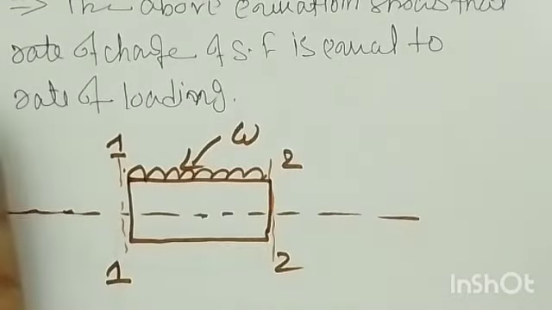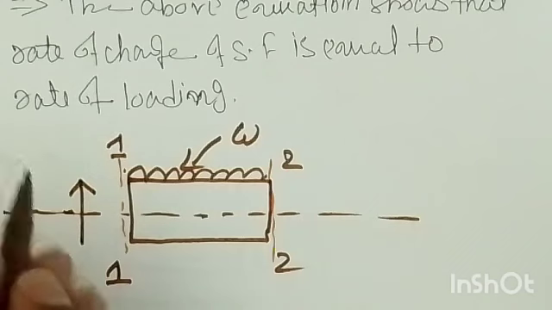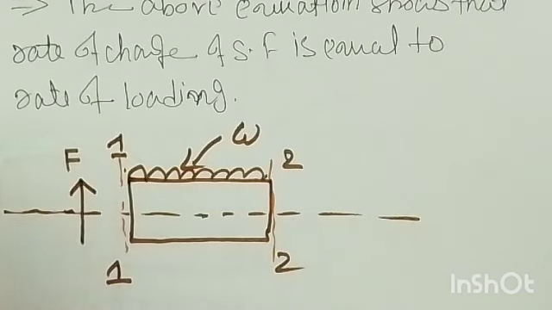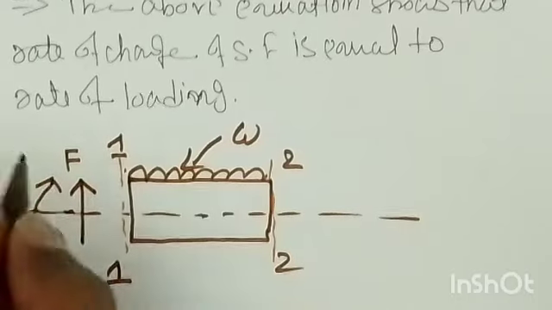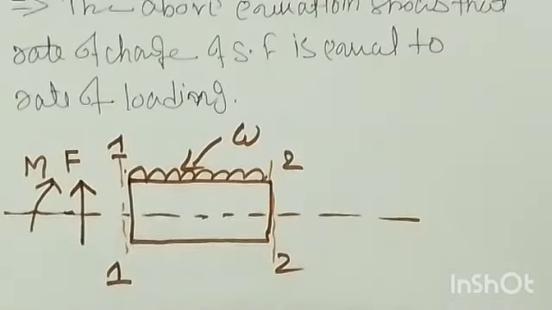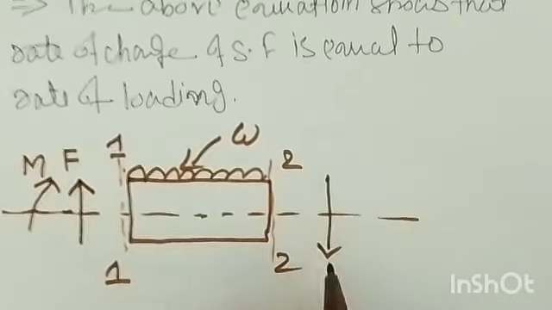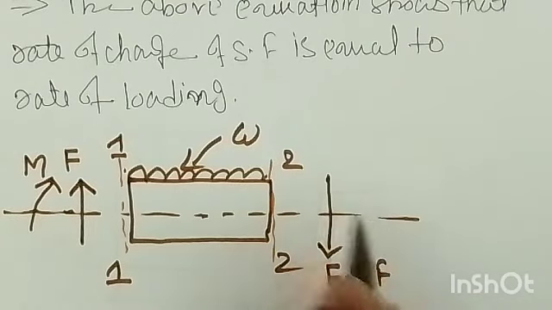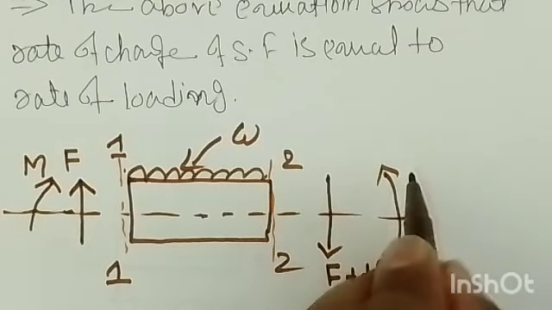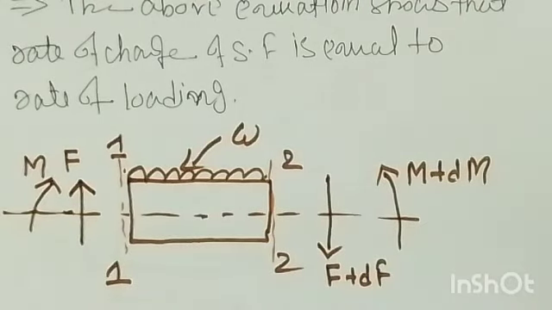Here the vertically up shear force is acting with magnitude F, and the moment is acting clockwise with magnitude M, right? And then the shear force at section 2 is acting, which is F plus dF, and the moment is anti-clockwise, that is M plus dM, right?